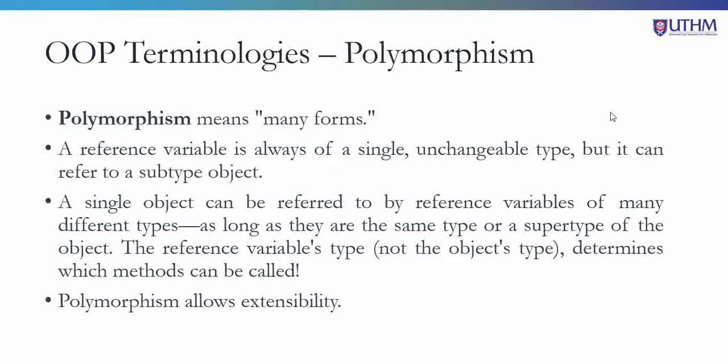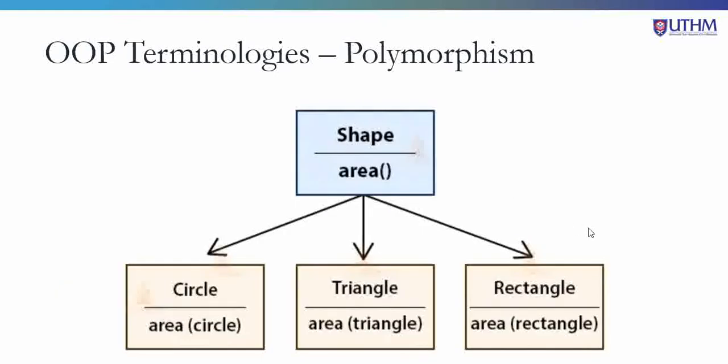Then polymorphism, it means many forms. In order for you to implement polymorphism, you need to implement inheritance first. You cannot use polymorphism without having inheritance. You need to bear that in mind.